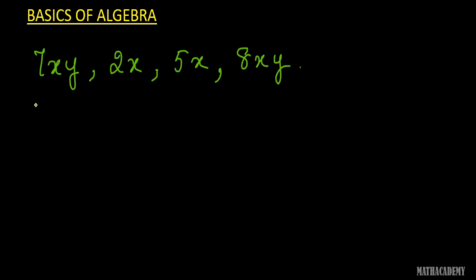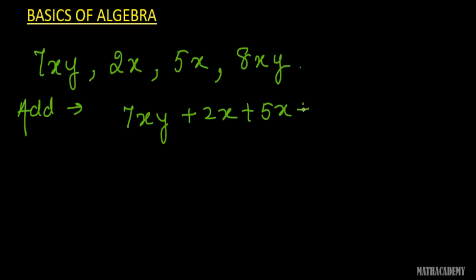Suppose we take four terms, 7xy, 2x, 5x and 8xy, and we have to add the above terms. So when we try adding them, we will write 7xy plus 2x plus 5x plus 8xy.